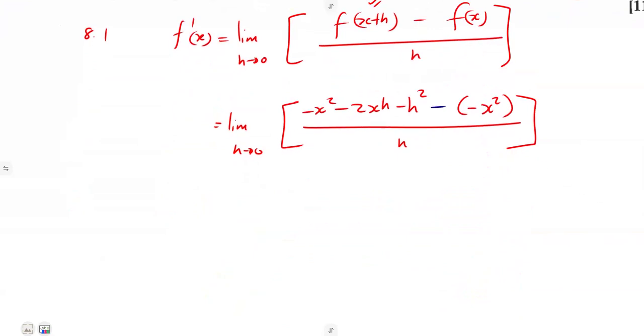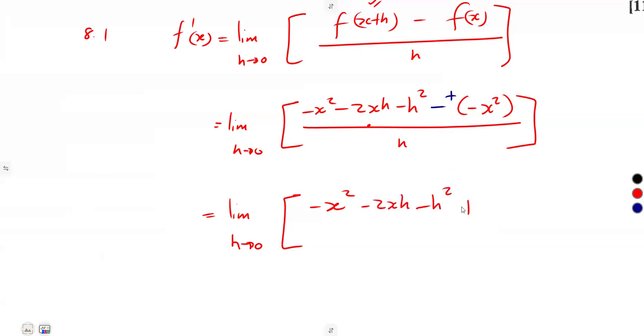From there, you can simplify, expand this by the negative that you're given. Nothing is new from this question, guys. So negative times negative was definitely going to give us a positive. So it was going to be minus x squared minus 2xh minus h squared, minus minus, that's a positive, so it's positive x squared, everything over h.